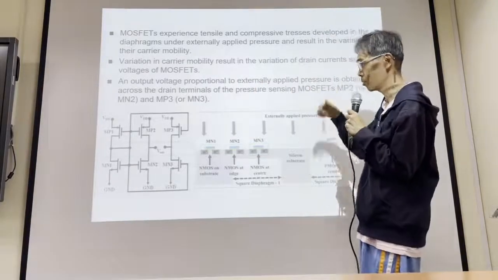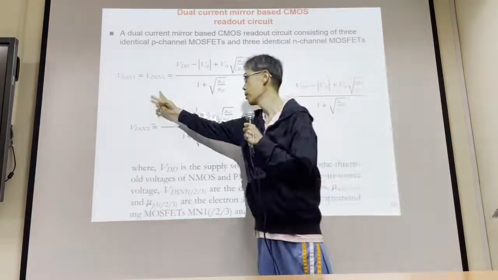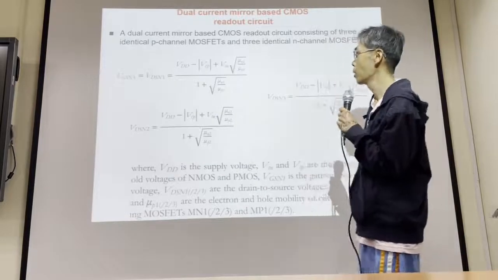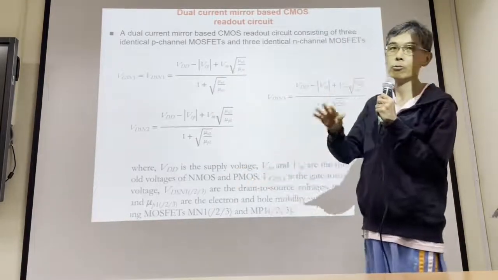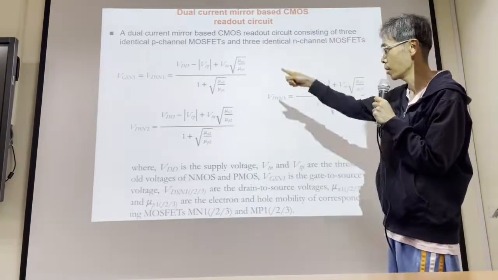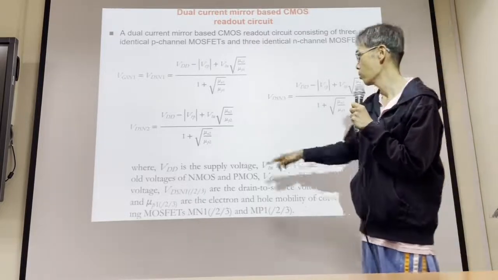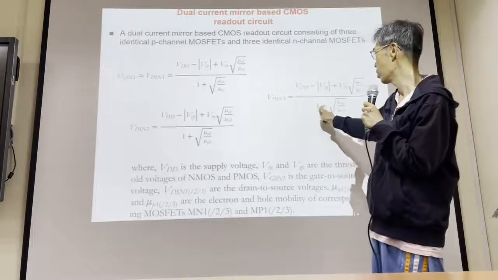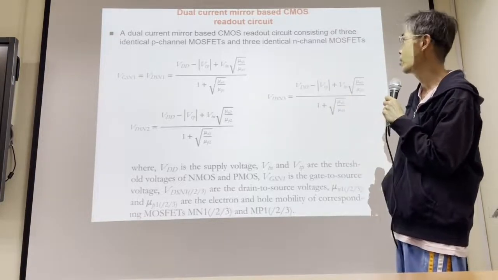Okay, go to the page. So that's why we have this. For the derivation of this one, you don't need to derive it yourself. We just take the equation. Then VDSN2 and VDSN3, we can follow the equations for our design.